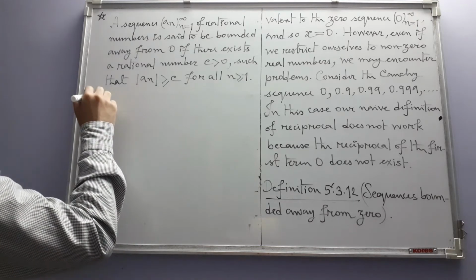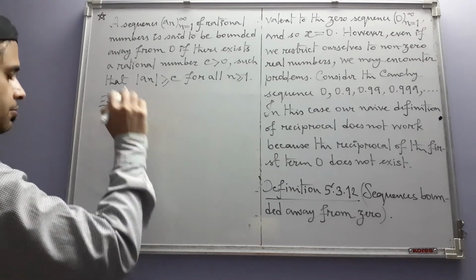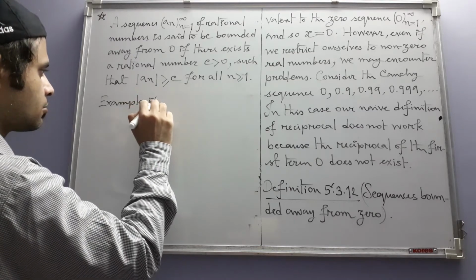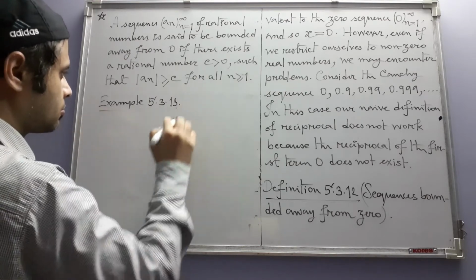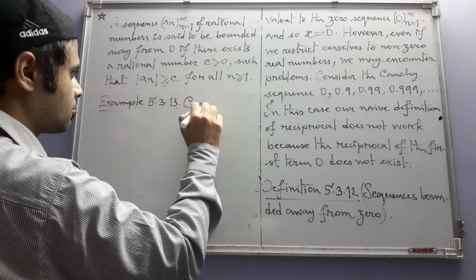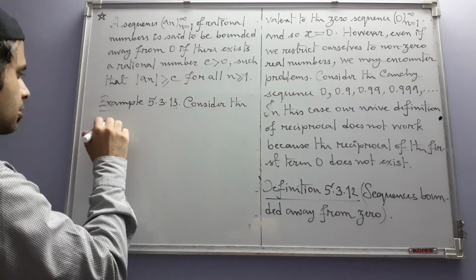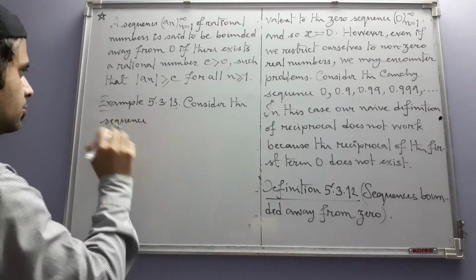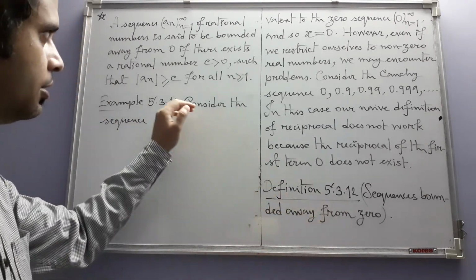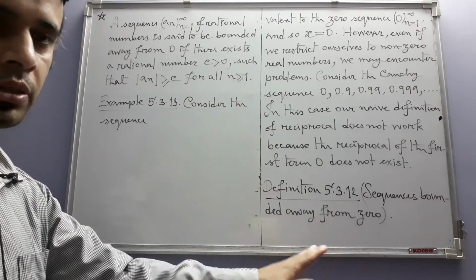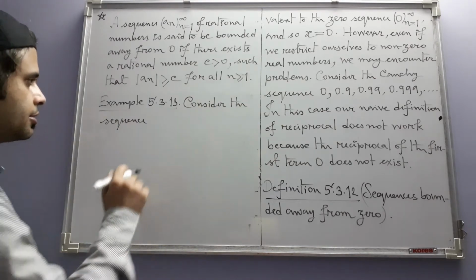Now let us see the next example. Consider the sequence. Note carefully that our definition of sequences bounded away from 0 does not say that it has to be a Cauchy sequence. It's a different definition, independent of Cauchiness.